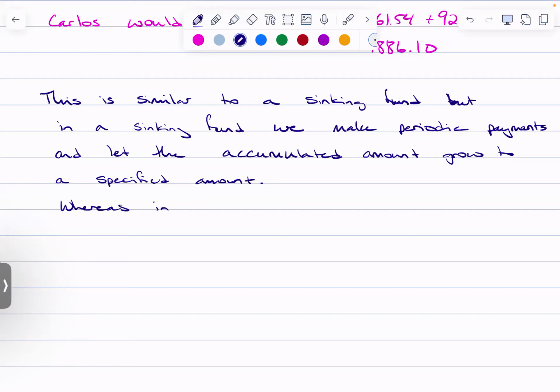Whereas in this case, we make a principal deposit. Right? That's going to be called our present value.